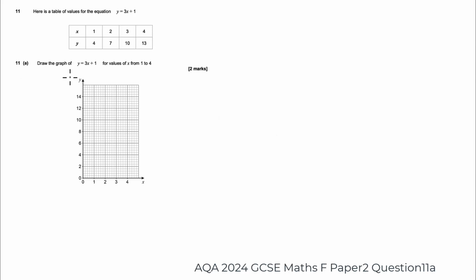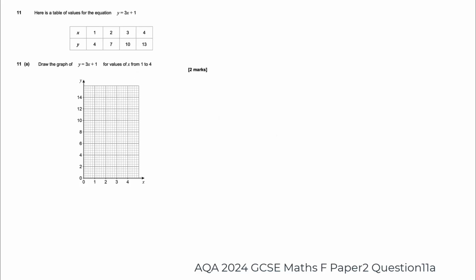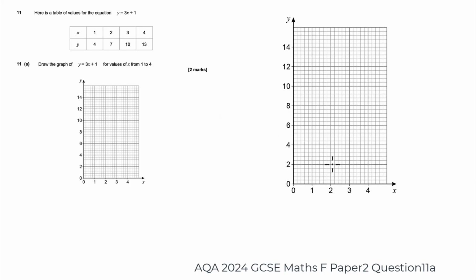Now we have to draw the graph of this equation for values of x from 1 to 4. So here's a larger diagram, and let's start with x being 1 and y being 4.